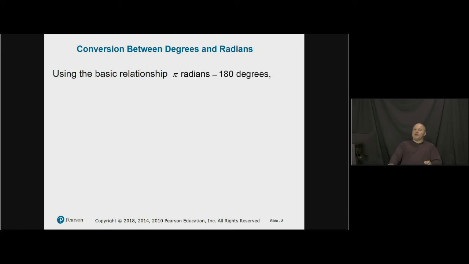So if you have 3.14, which is pi, that lands right on the 180 degree mark. So there's a relationship between those. And by the way, you also know it's pi radians for another reason as well, right?